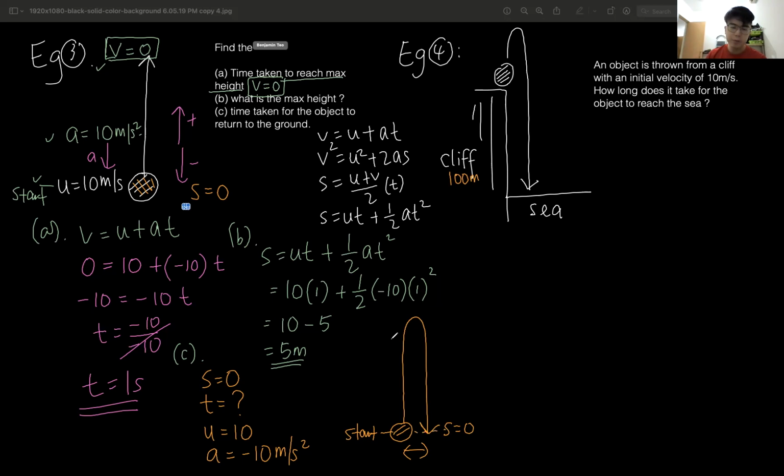S is 0, then what else do we know? Acceleration is 10 downward meter per second square.